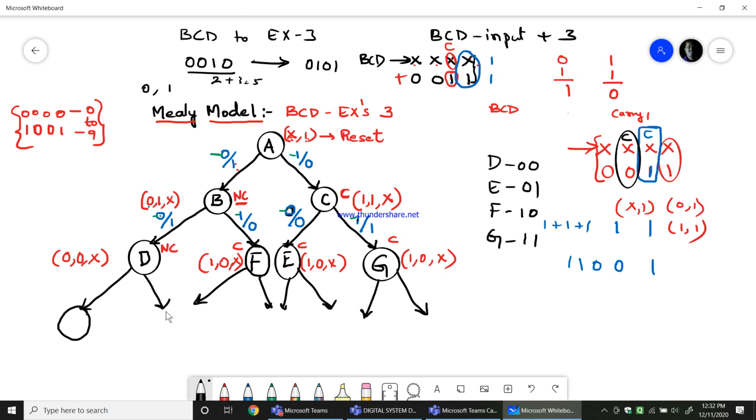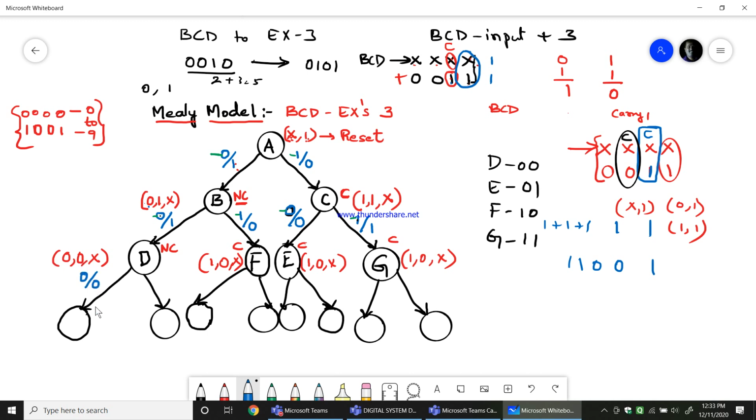So here I get one state, here I get another, this one and this one, this one, this and this.